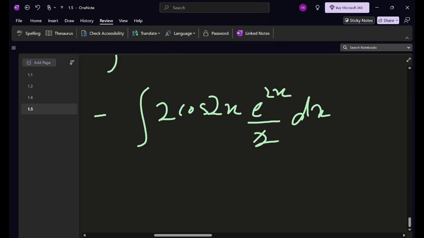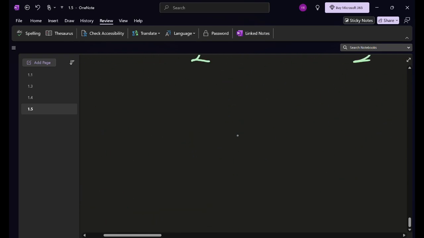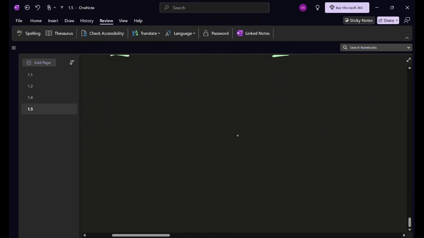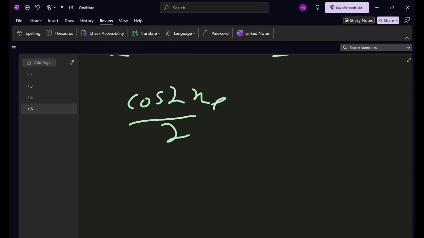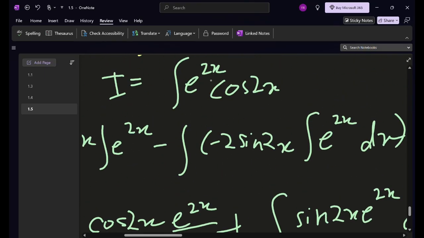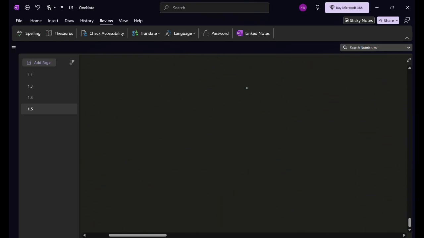Now we can see that the 2 of course cancels out, so this term is basically the I term. So this whole term is cos 2x by 2 e to the power 2x plus sine 2x e to the power 2x by 2 minus I. This whole term is equal to I, because of course we did the by parts.